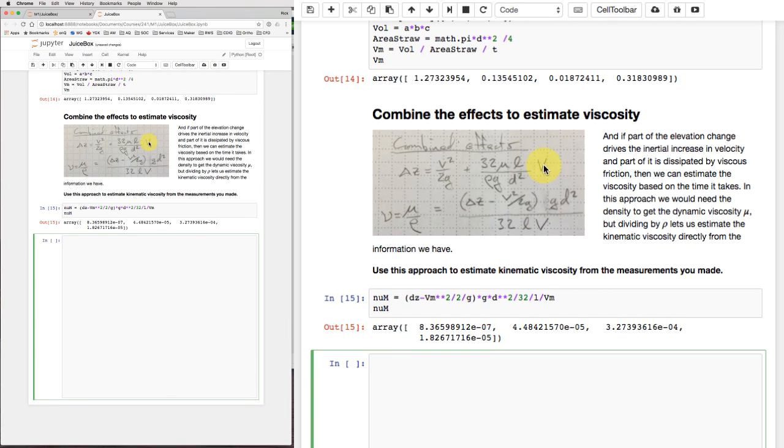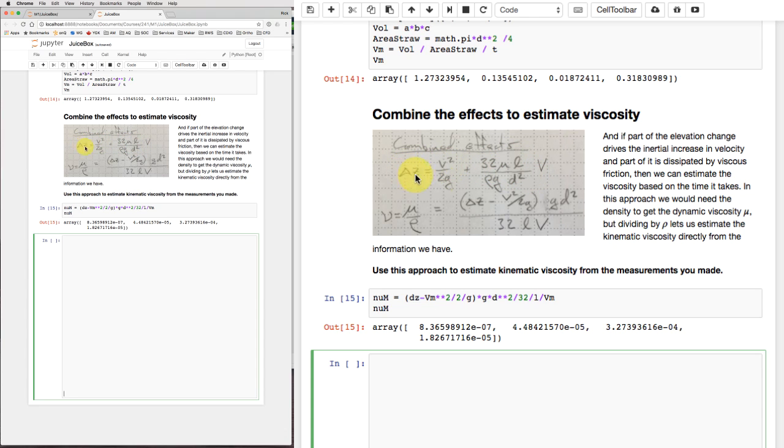So let's combine all of these effects together to get a viscosity estimate. So remember, we were talking about the elevation change, the change in potential energy, having something to do with the change in kinetic energy. So we went from 0 up to having it moving, and the amount of energy that we're expending dissipating due to friction, due to viscosity.